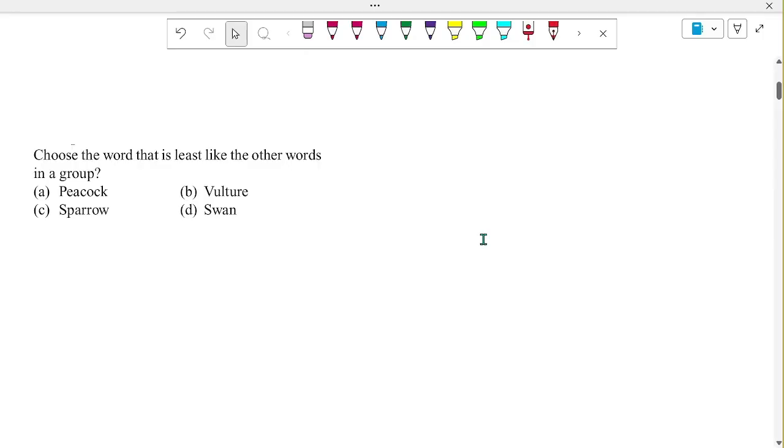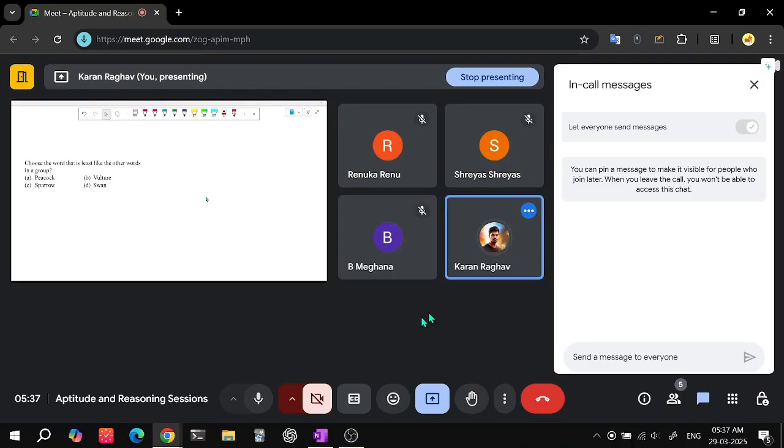Can you tell me which one is odd here? One hint: when you are solving this question, you may think from the residing place of the birds, meaning where do they live, or where do they spend most of their time?